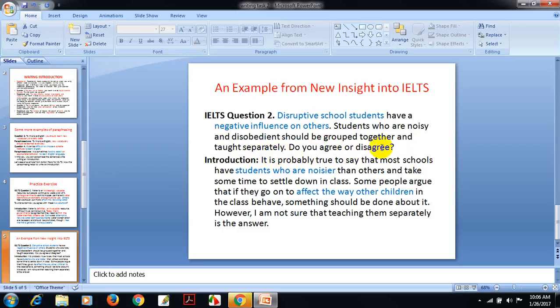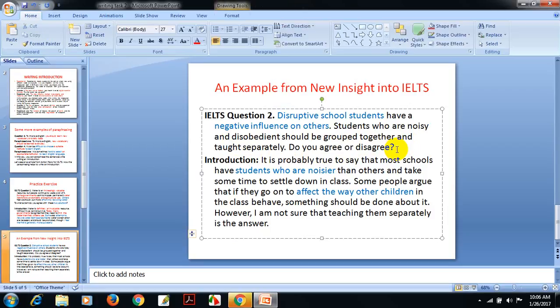Do you agree or disagree? Is the question. And you have to write the introduction clearly at first. How to write, how to do. I'm telling you, you have to paraphrase words, stock those sentences that help you to write the introduction.